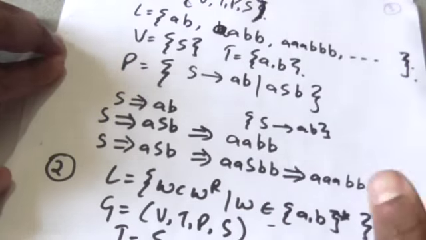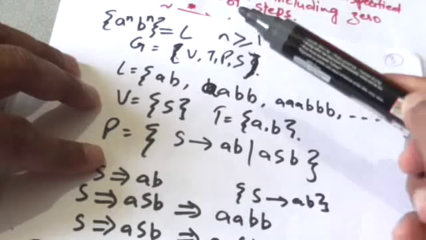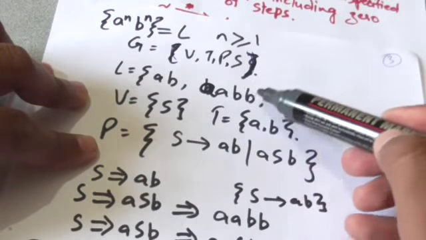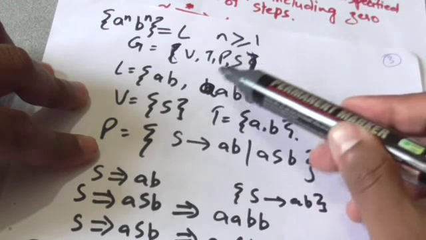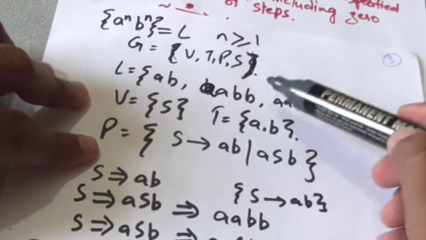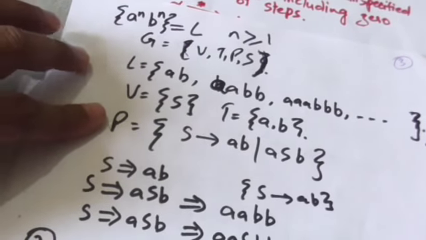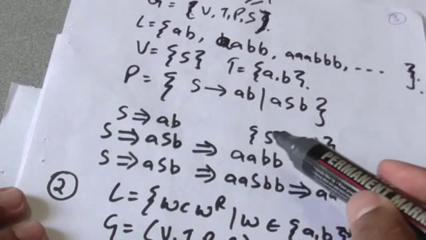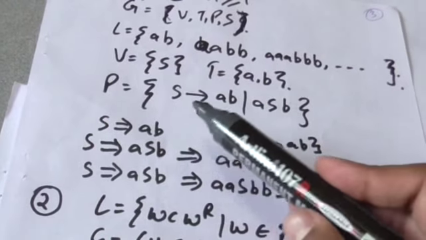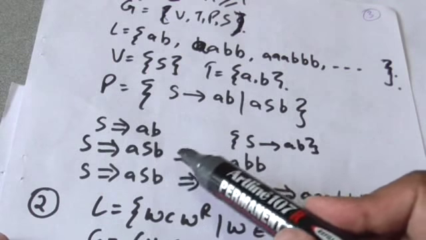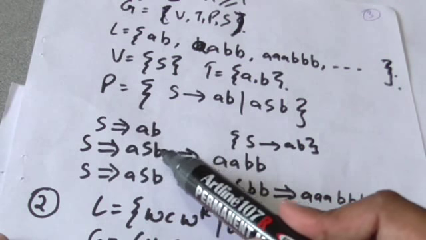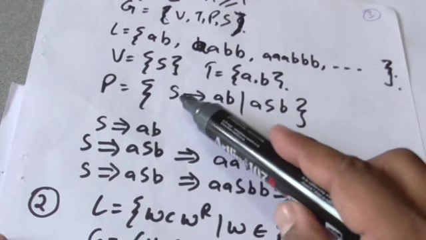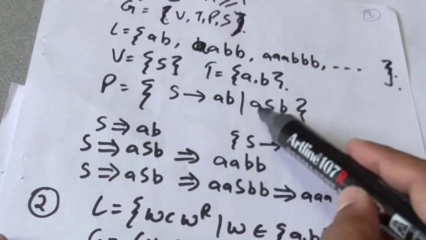In this way, this string has been derived from start symbol S. Now this language has a string AABB. So this string must be derived from start symbol S. So again, it is the derivation of AABB. Here S is replaced by aSb because there is a production S derives aSb.